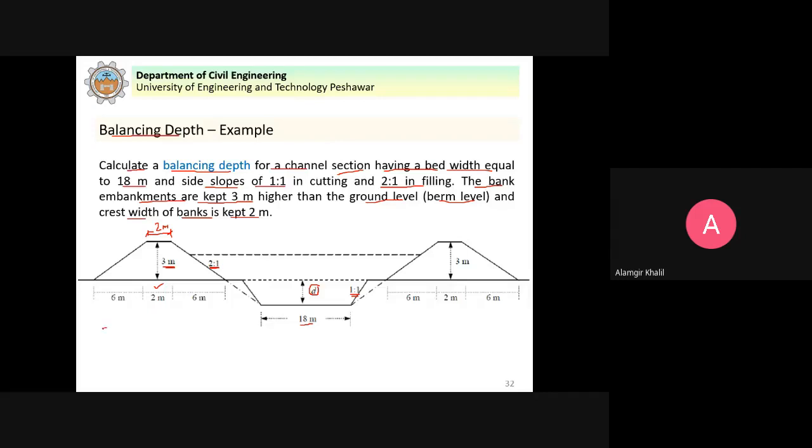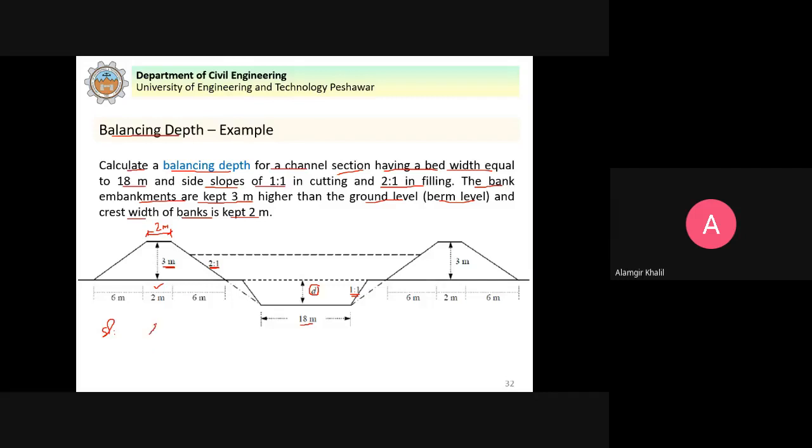So let us try to solve this problem. First we have to calculate the area of cut or area of fill, and then we can equate them to get the value for the balancing depth.